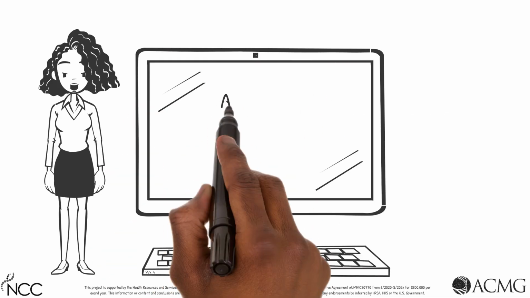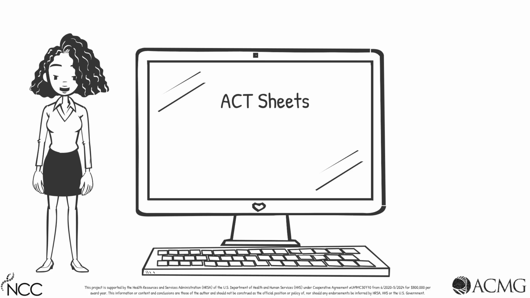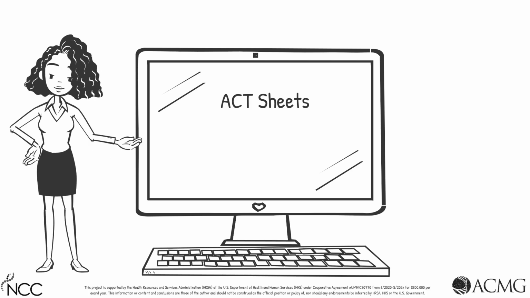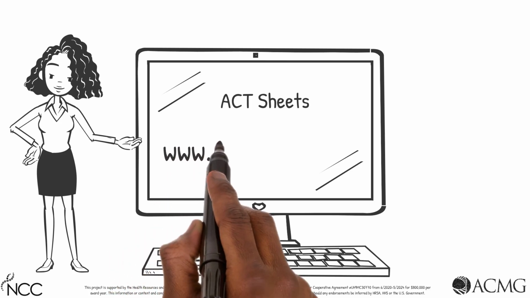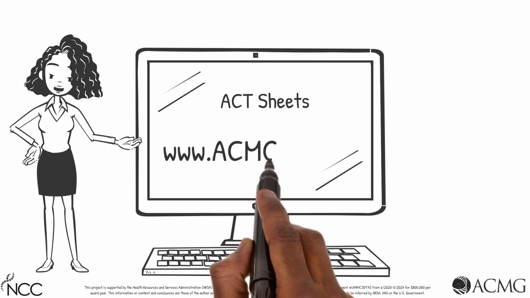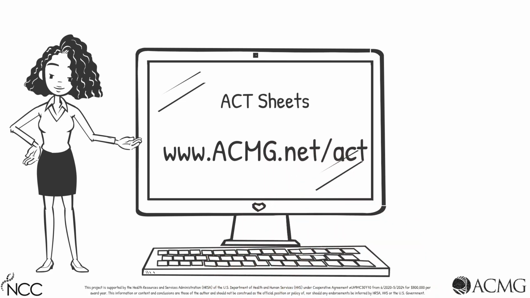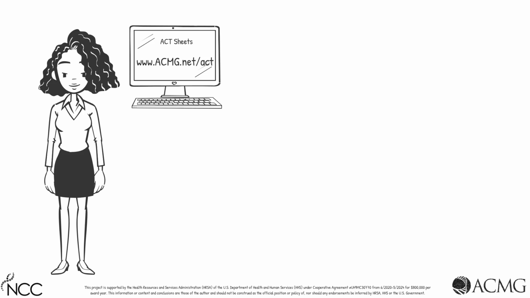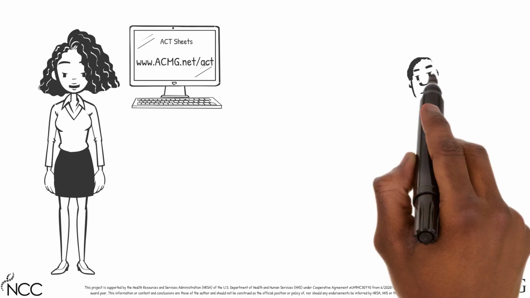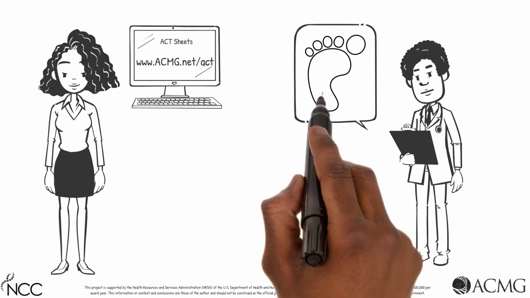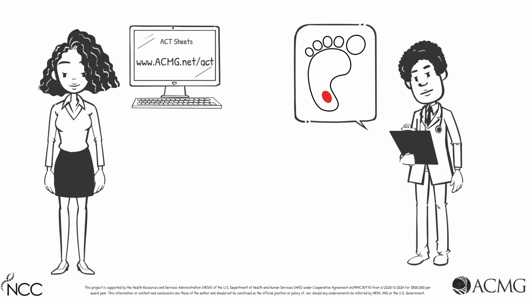This session is a companion to the Hemoglobin S disease ACT sheet, which is freely available at www.acmg.net/ACT. ACT sheets are intended to be immediate resources for providers who encounter positive newborn screening results.